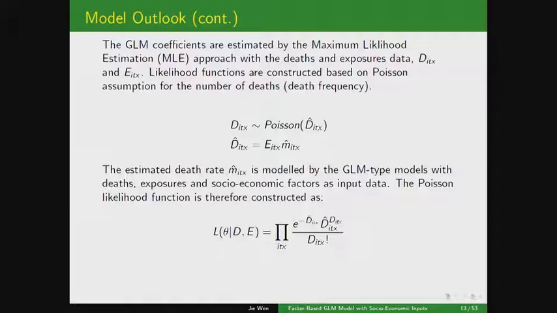And we assume the deaths follow a Poisson distribution with the Poisson parameter calculated by the exposures times the m hat, which m hat here can be represented by the model in terms of the coefficients to be estimated. And then we can build up the Poisson log likelihood. That Poisson log likelihood, the d_i hat term, includes the unknown parameters. We estimate the parameters by maximizing the L here.